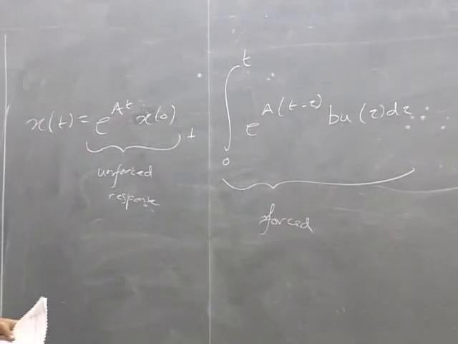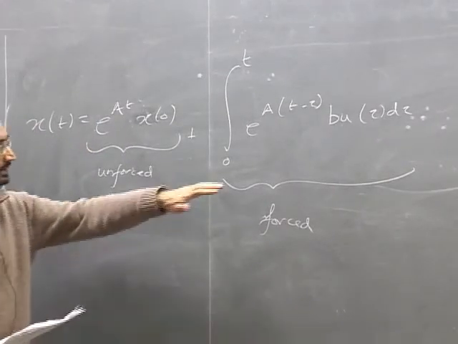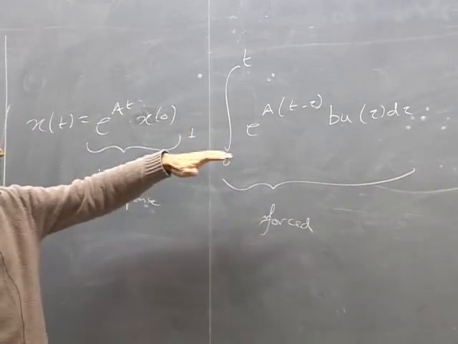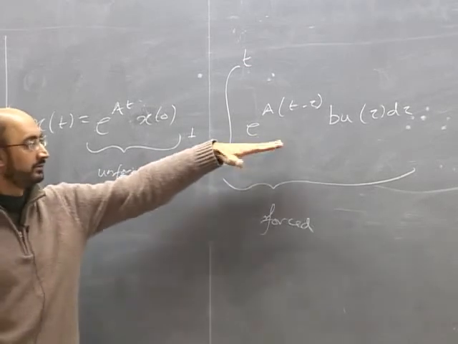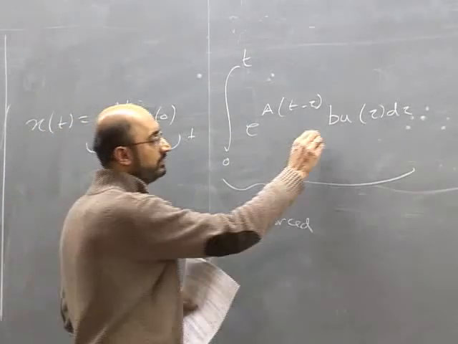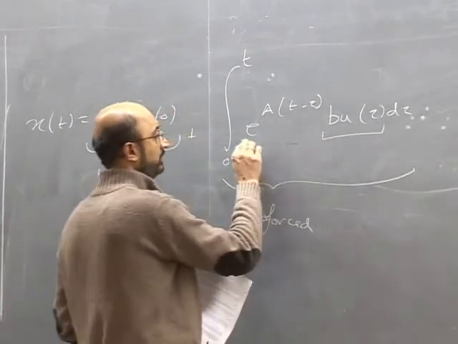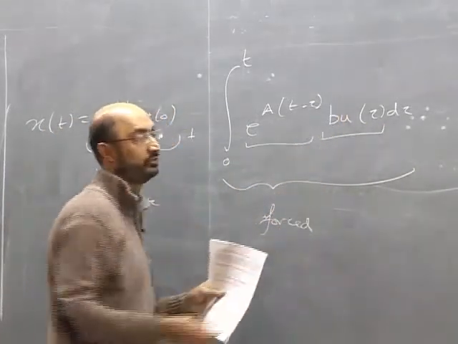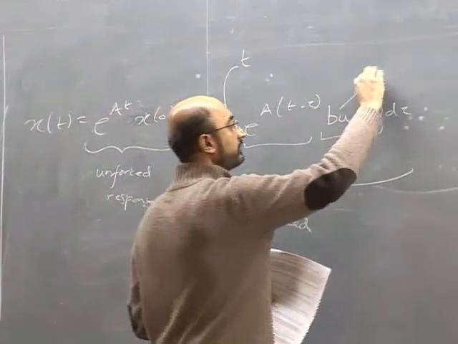And what we're saying is that the output is going to be the convolution of this e to the A(t minus tau) term with this other term Bu. B is constant, so u is the command. So this is your control.